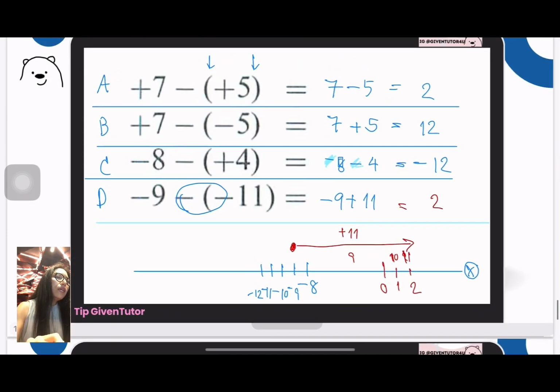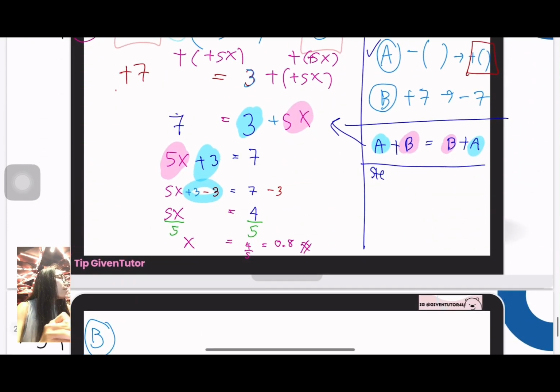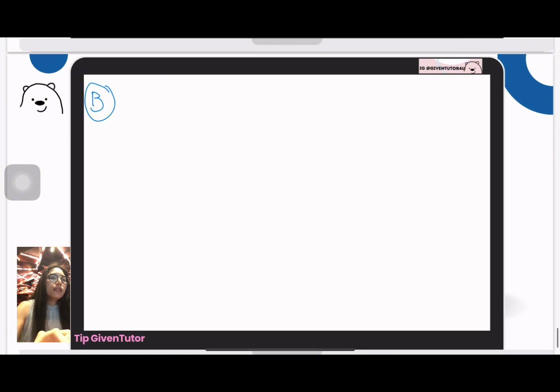Okay, so the B one is 7 minus 5, right? Plus 7 minus and minus 5 right here. I add x in here equal to 2. So what can you do? Yeah, I suggest like that.